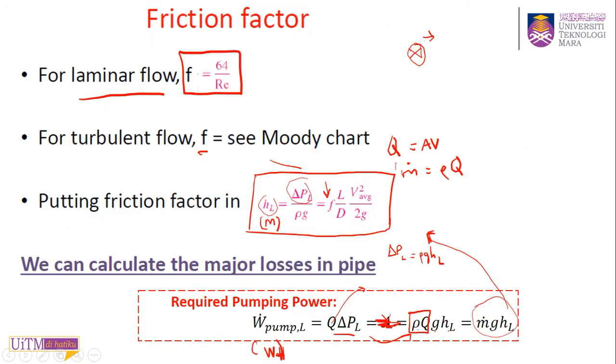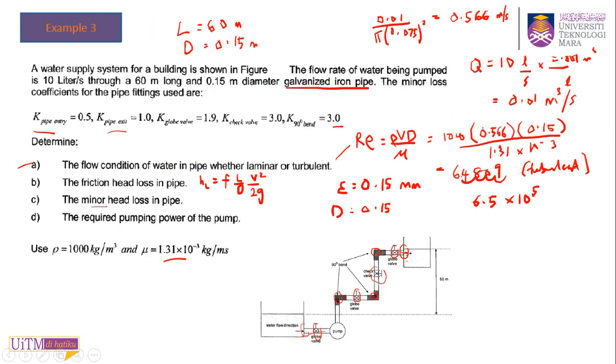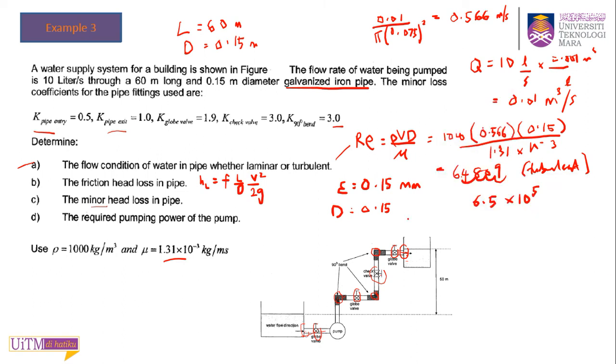Then after that you just put it back, so your F equal to 0.023. You can put back in this equation to find your major losses.